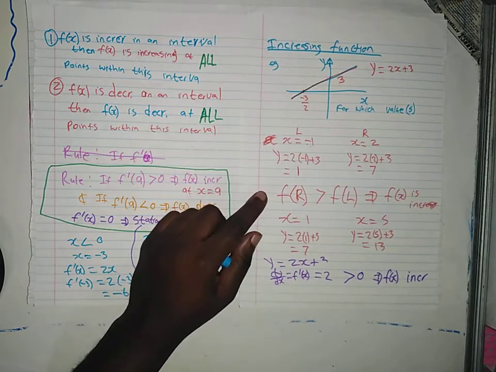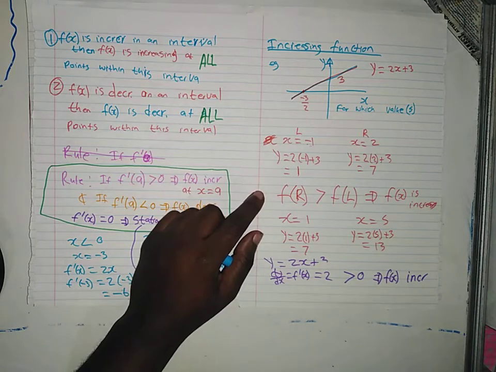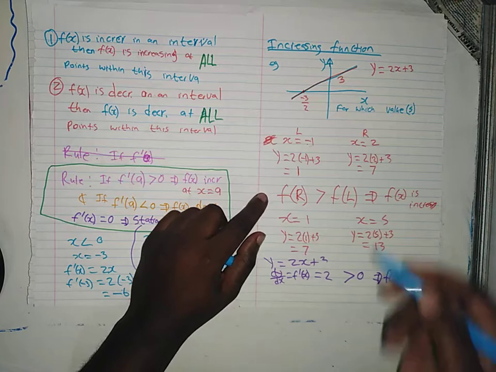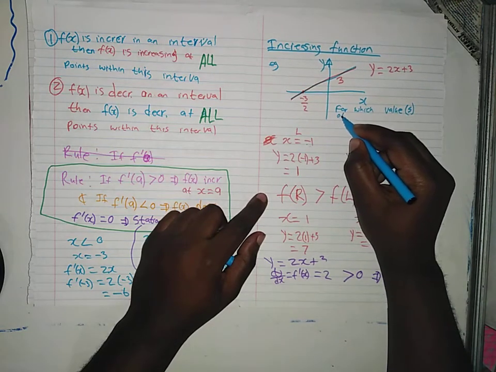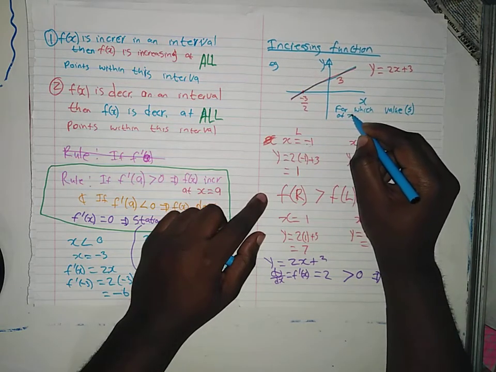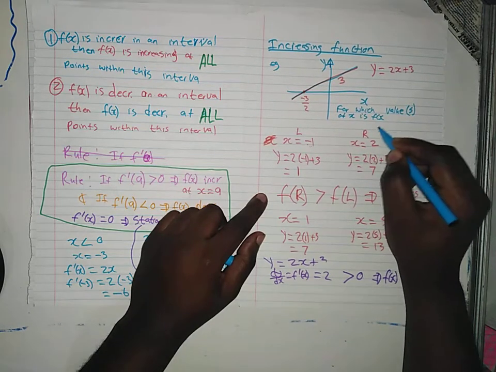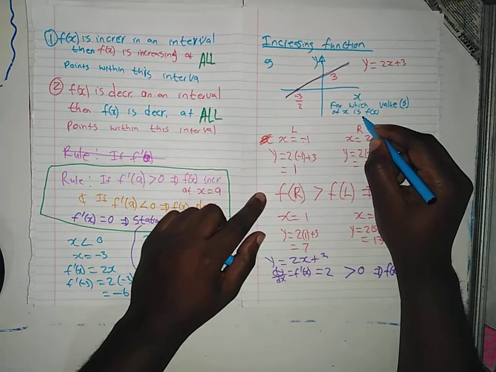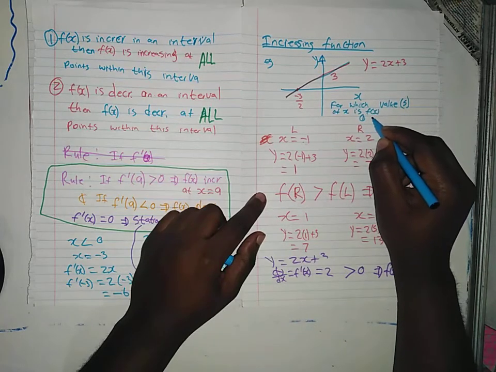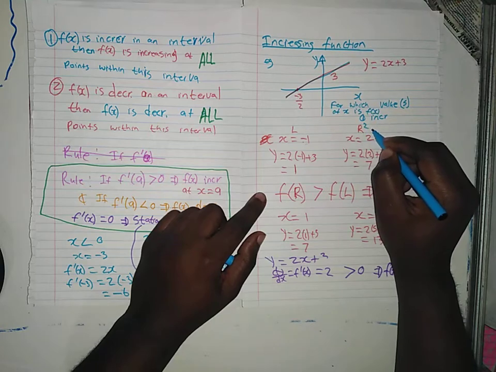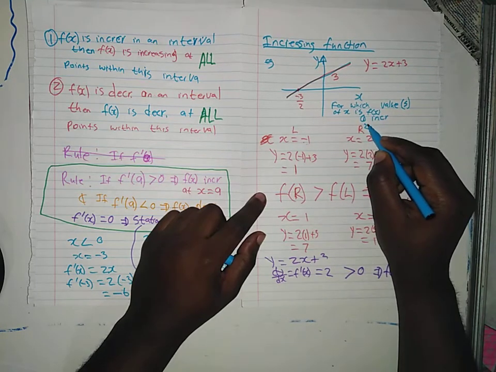It simply means for which value or values, because sometimes you can have just one value, sometimes you can have more values. Okay, so for which values of x is f at x, number 1, increasing, and number 2, for which values of x is f at x decreasing.